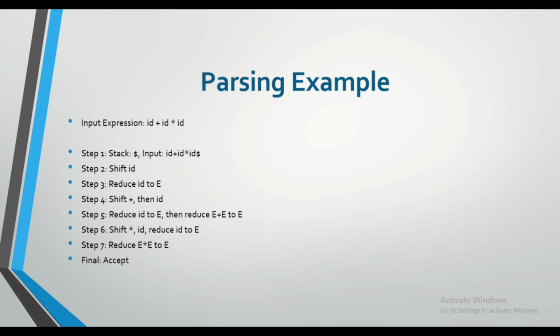From the left-hand side, the recursion will be changed. Here you can see in the stack the first dollar has been pushed, and in the input ID plus ID into ID dollar. Then you have to shift ID.